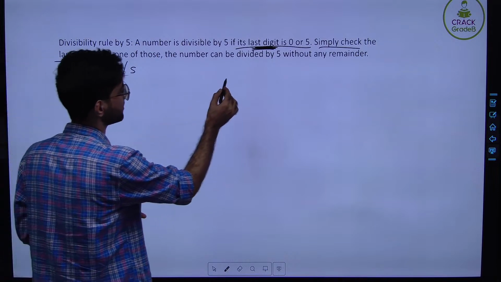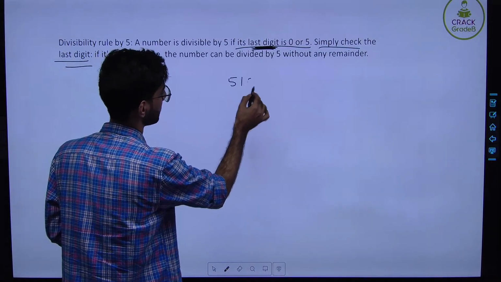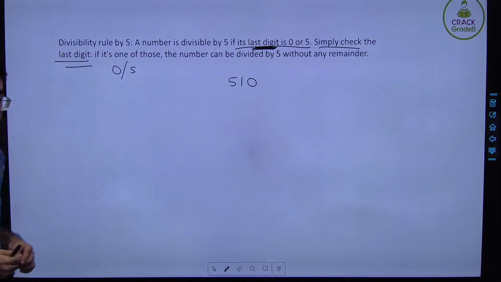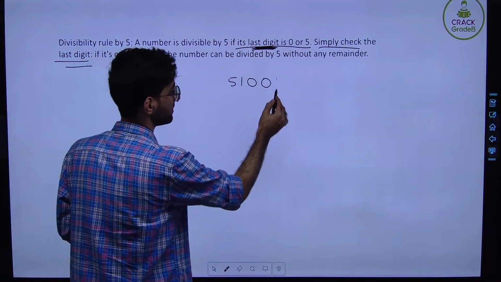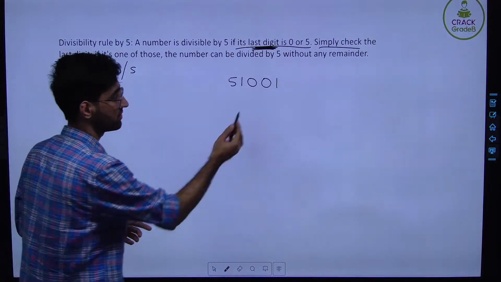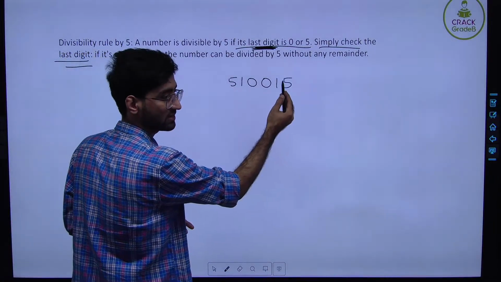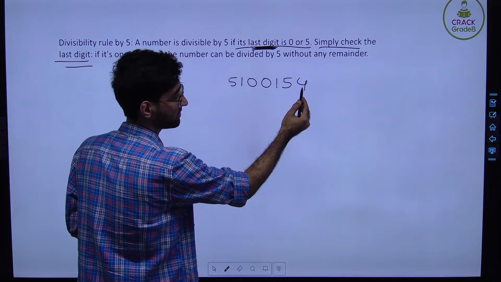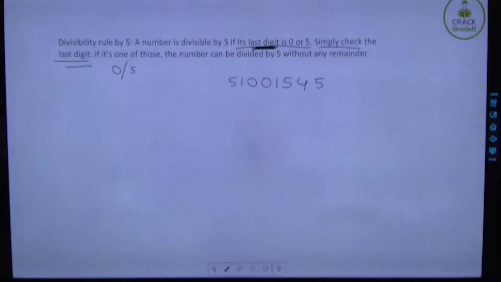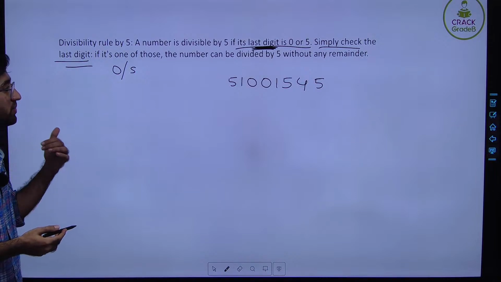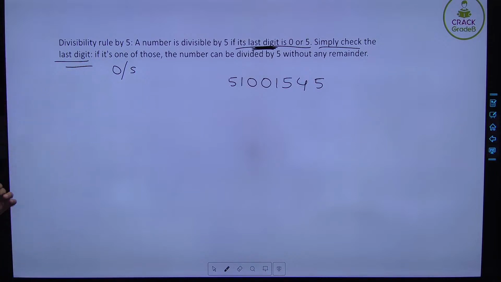So, is this number divisible by 5? If the last digit is either 0 or 5, that number is divisible by 5.